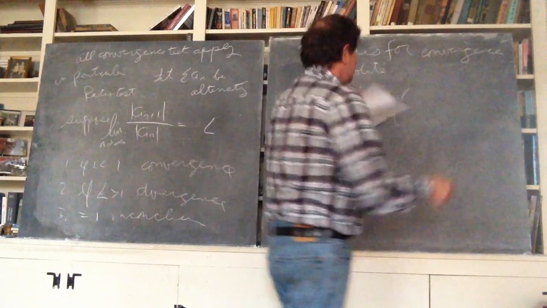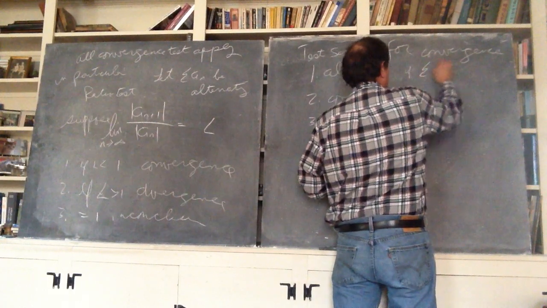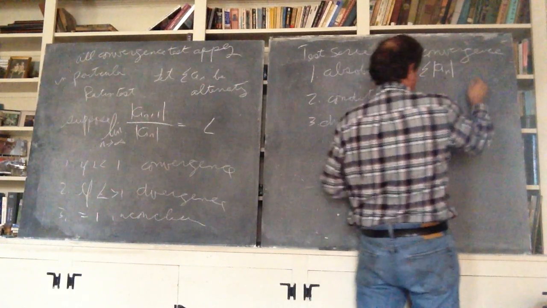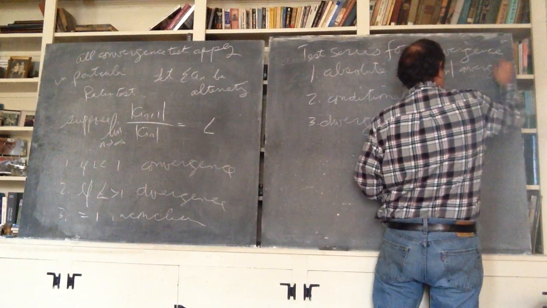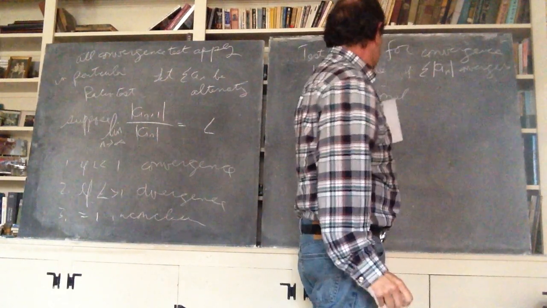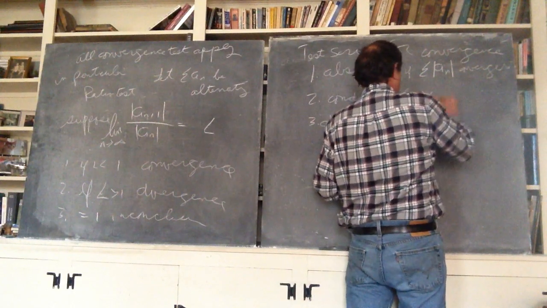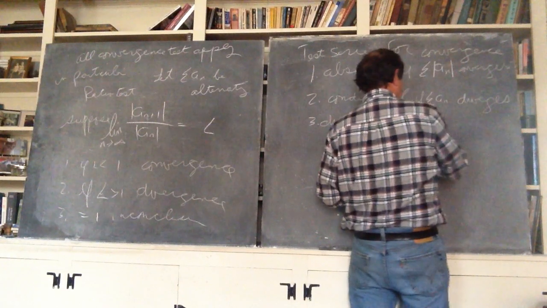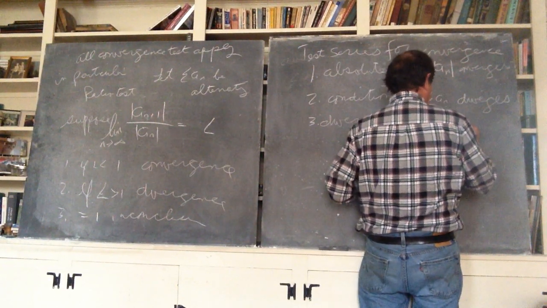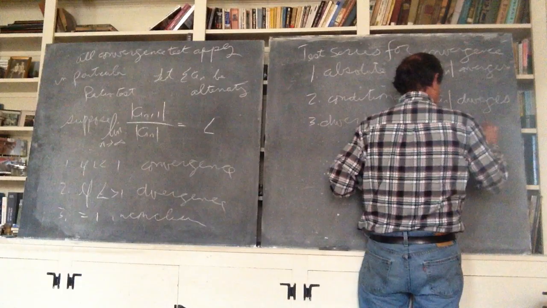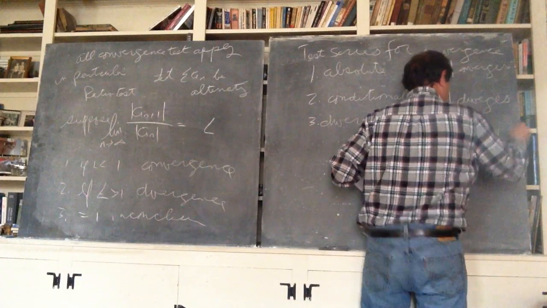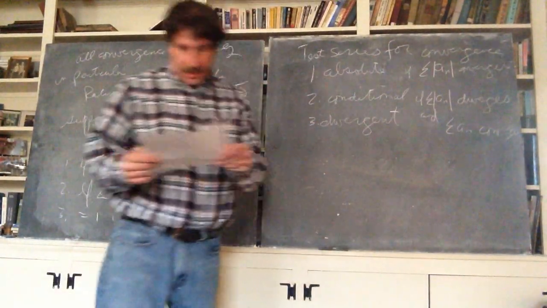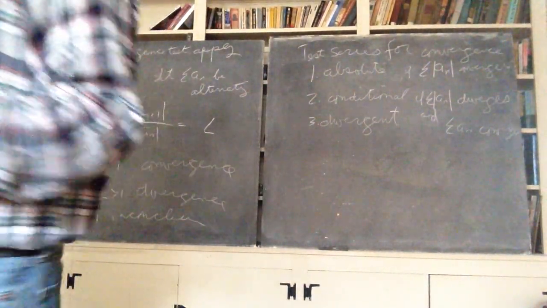Absolute is if the positive one converges, then they both do. Conditional is if the positive one diverges and the alternating one converges. Then it's called conditionally convergent. And of course, divergent is the third category. I think we're going to stop there.